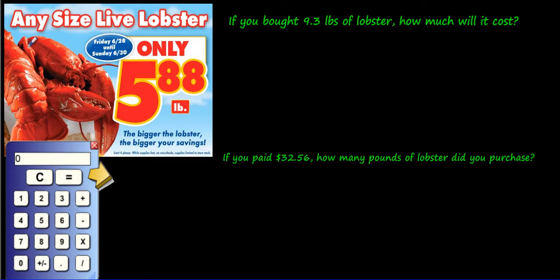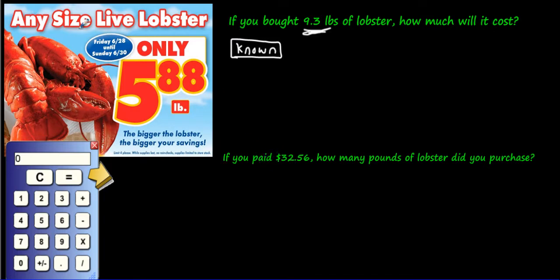Then you march over to the seafood section and you see lobsters on sale for only $5.88 per pound. The question states that if we bought 9.3 pounds of lobster, how much will it cost? Whenever you do these, remember, you've got to find your known ratio and write it down. What do we know?